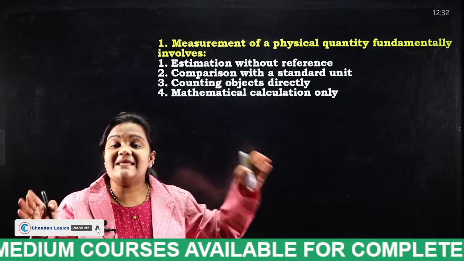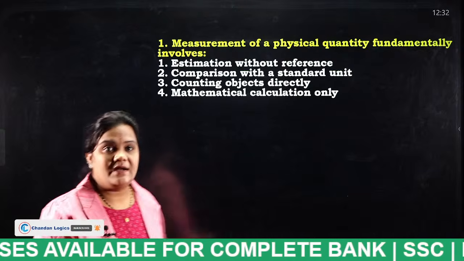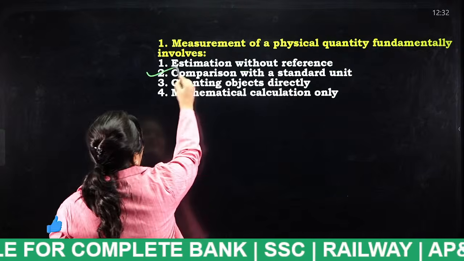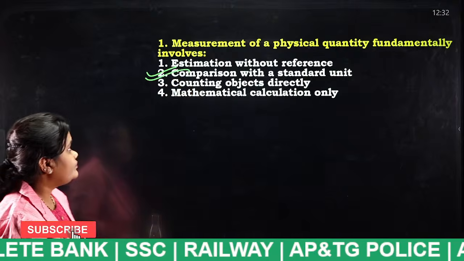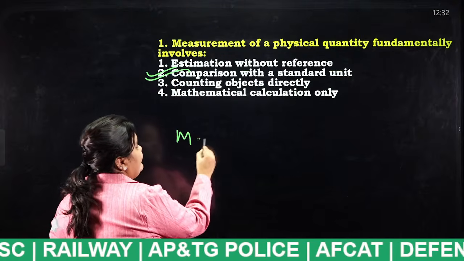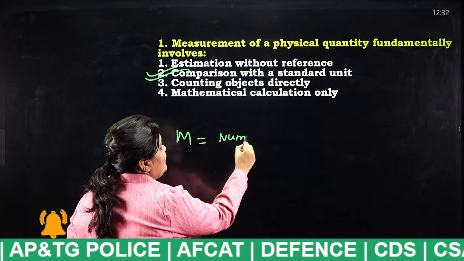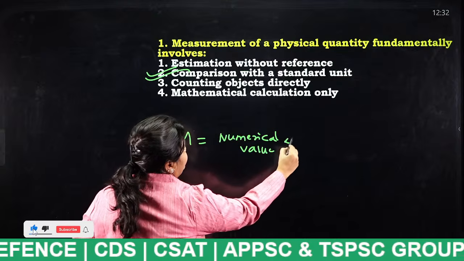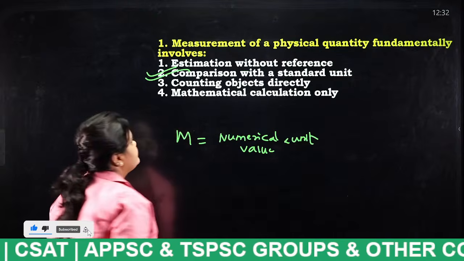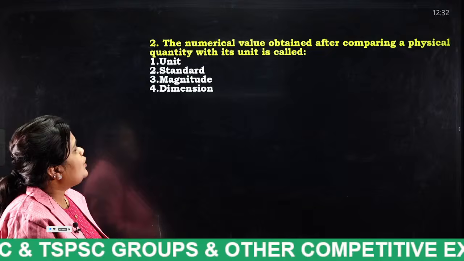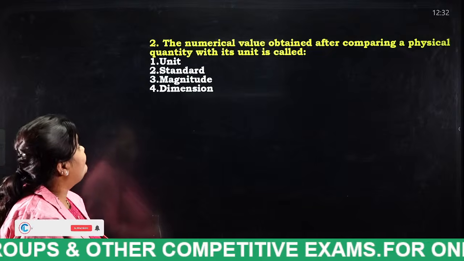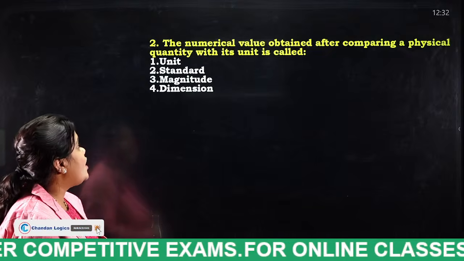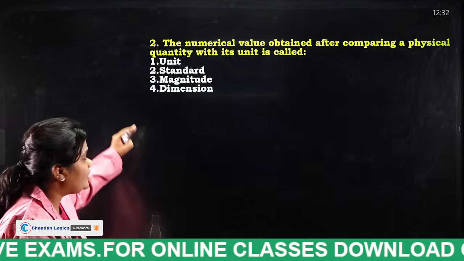That means it is a comparison process in general. Yes, very good. The answer for this question is option 2. In general we can write measurement is equal to numerical value into unit. Okay, next. The numerical value obtained after comparing a physical quantity with its unit is called: unit, standard, magnitude, dimension.